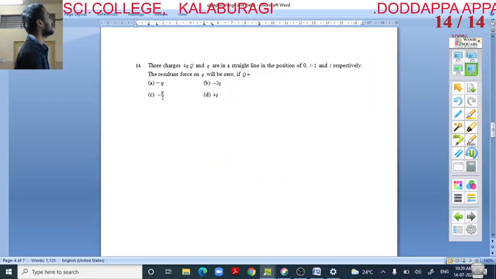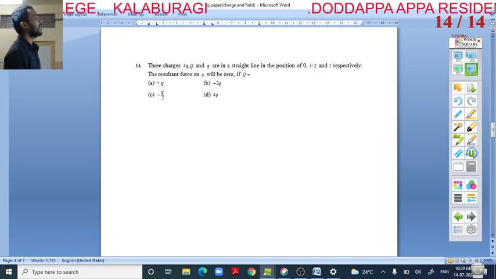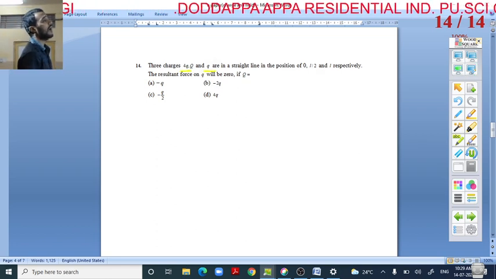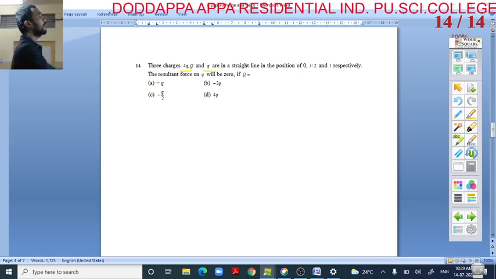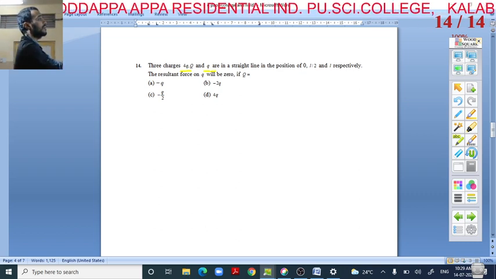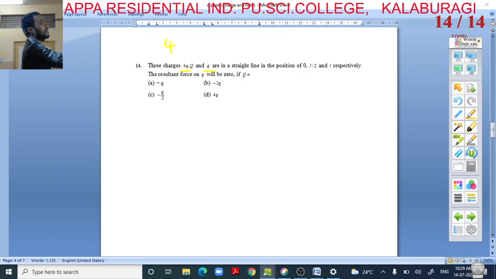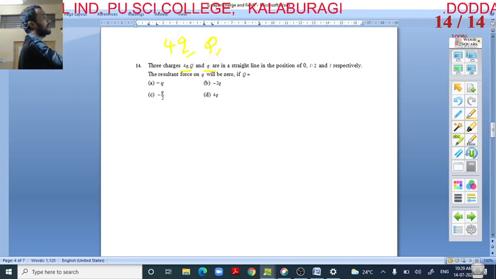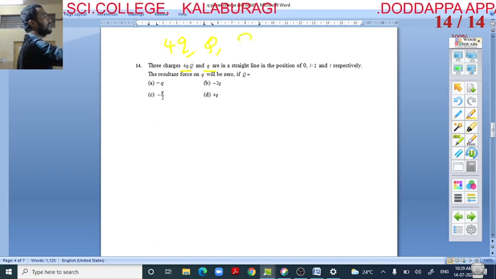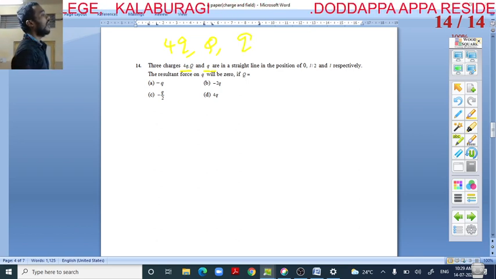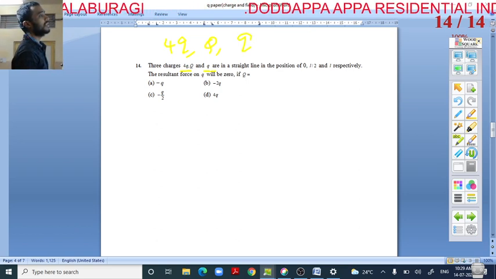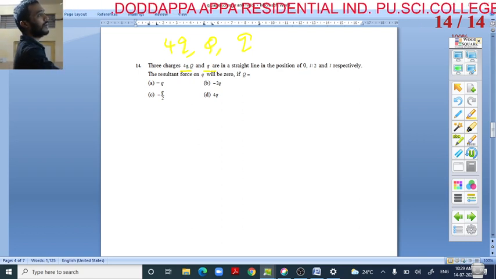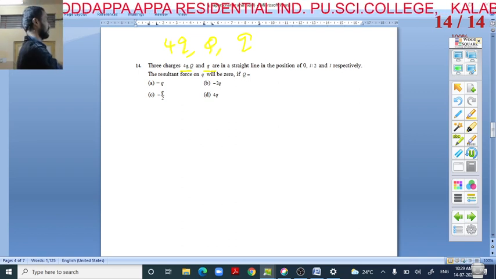Next, say three charges 4Q, Q and q. First charge is 4Q, second charge is capital Q, third charge is small q. They are in a straight line at the positions 0, L by 2, L respectively.